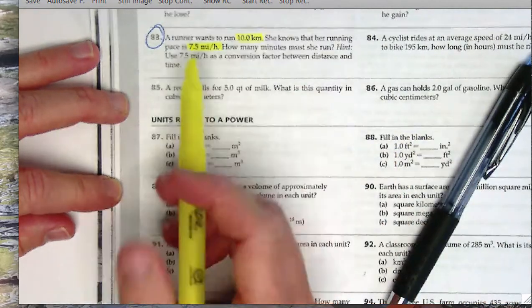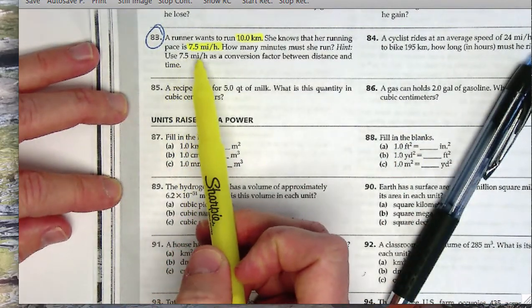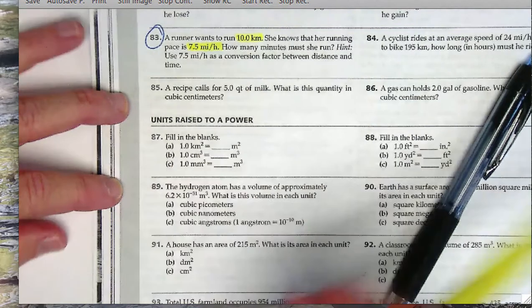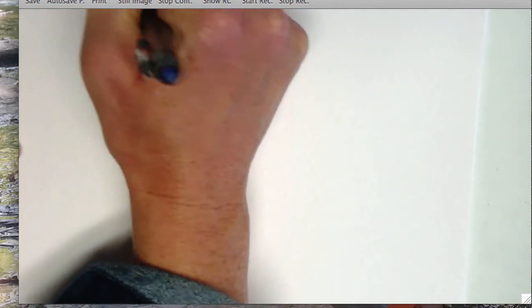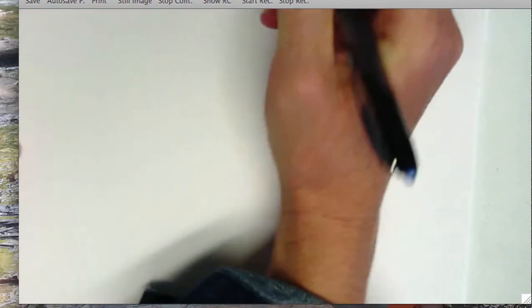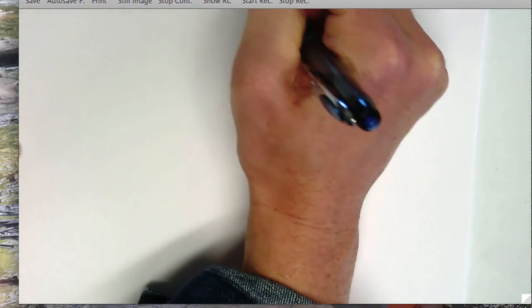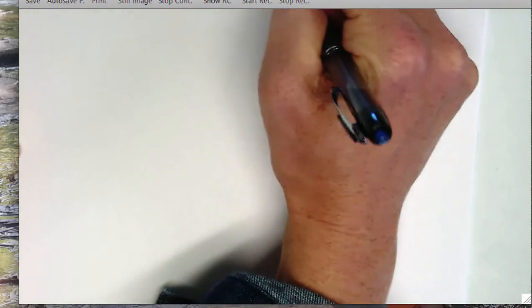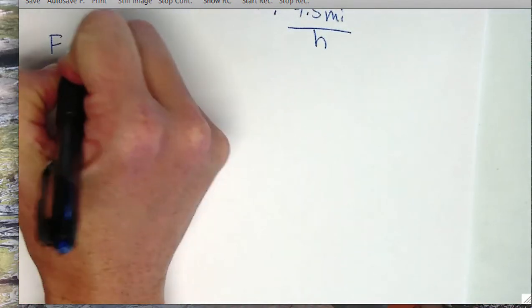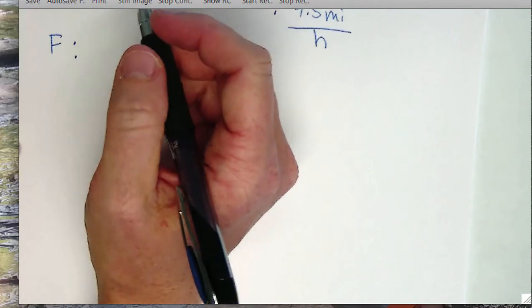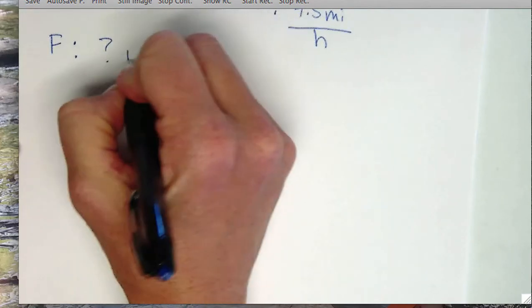And they're telling you to use 7.5 miles per hour as a conversion factor. So our given is 10 kilometers, and our conversion factor is 7.5 miles per hour. We're asked to find the amount of time in minutes.